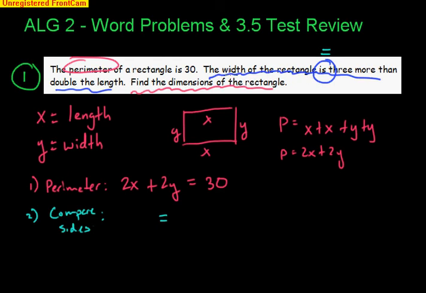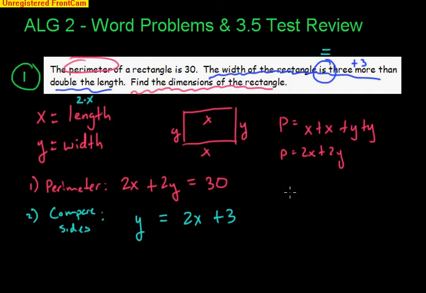What is to the left of equals? The width. The width is y. To the right is 3 more than double the length. Well, 3 more means plus 3. And double the length means 2 times the length, or 2 times x. So I'm going to double the length and then add 3 more onto it. And here are my 2 equations that I'm going to do my system of equations with.